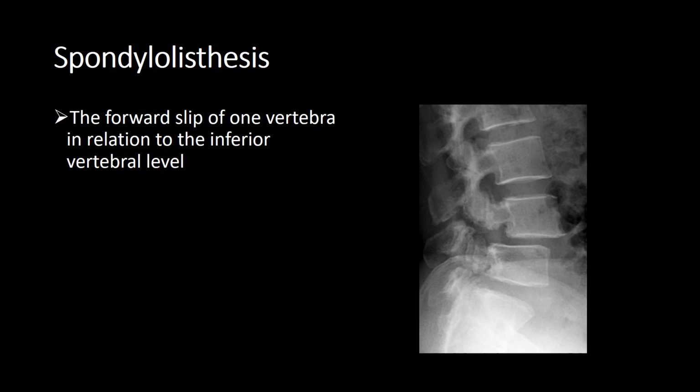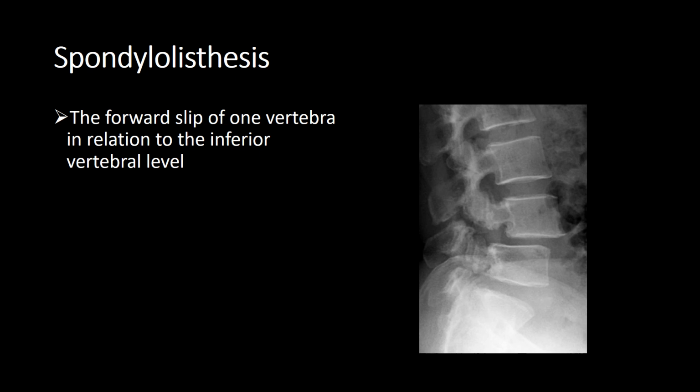However, I think people find it quite difficult to grade it, so you could use mild, moderate, severe. So in this case, this is a mild slip of L4 onto L5. And if you look carefully, you can see there's actually a pars defect at L5-S1. But L5-S1 is completely in alignment, so therefore this is just a spondylolysis.